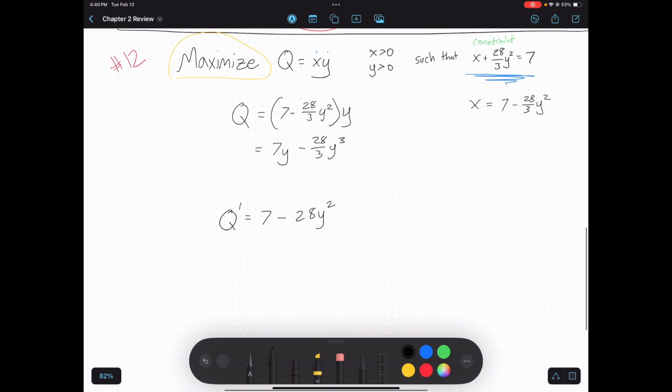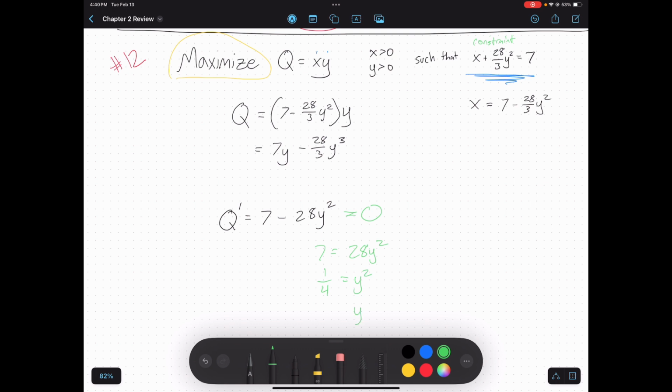Now I can solve for y. How? Once again, once I take that derivative, I'm going to set it equal to 0. So that gives me 7 equals 28y squared. Divide by 28, I get 1/4 equals y squared.